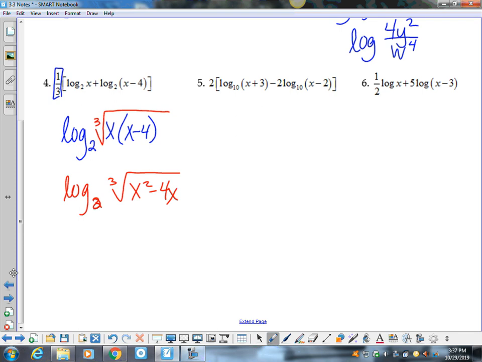Okay, number 5. This too goes to everything that's in the brackets. So all of my ofs are together and they're going to be squared. So this is log base 10, which you do not have to write. This is going to be x plus 3 divided by x minus 2 squared.